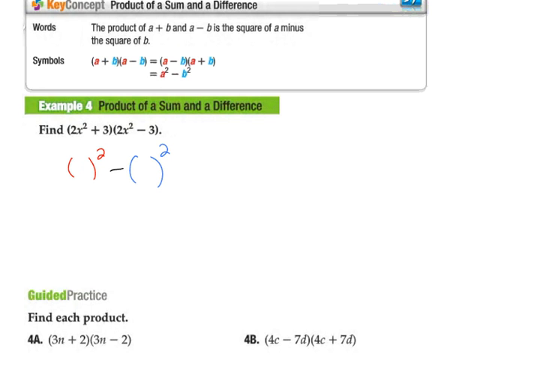So we are going to say that we are taking 2x squared squared and then minus 3 squared. Okay, so realize again that that 2 affects all pieces. 2 squared is 4. X squared squared is x to the 4th. And we are subtracting 9. Always going to subtract because a negative times the positive is always going to be a negative.